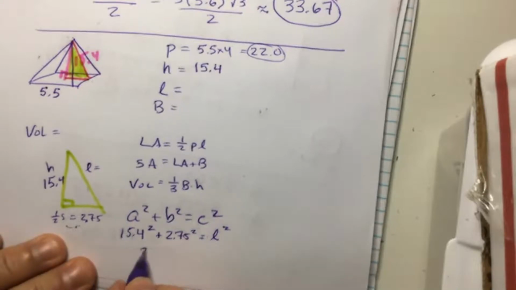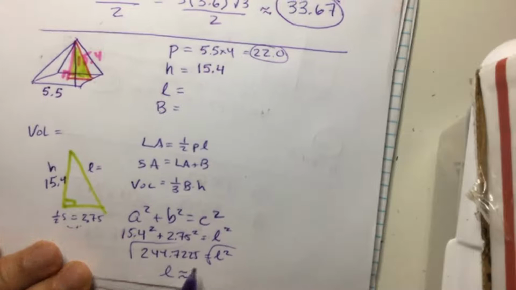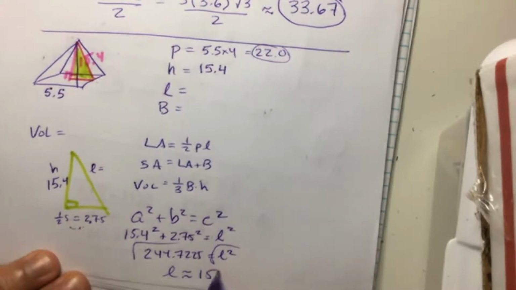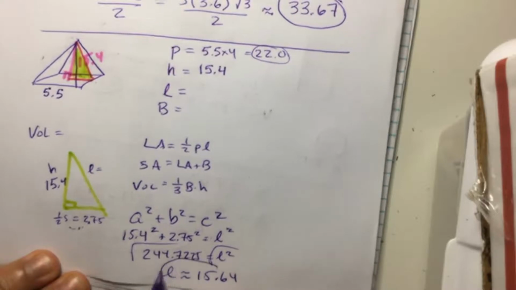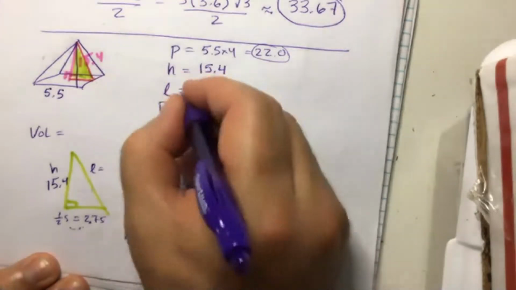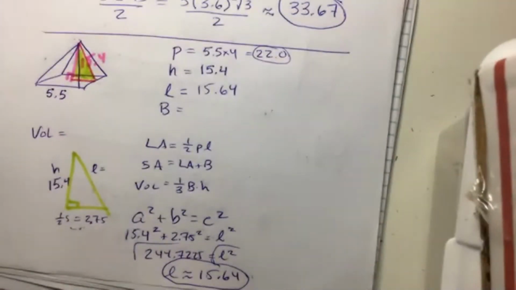So in my case, I get 244.7225 equals L squared. And I'll square root both sides. I got 15.64. Just in terms of a reality check, is that in the ballpark?